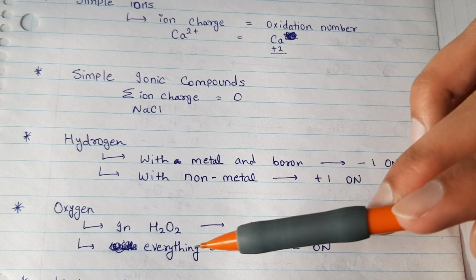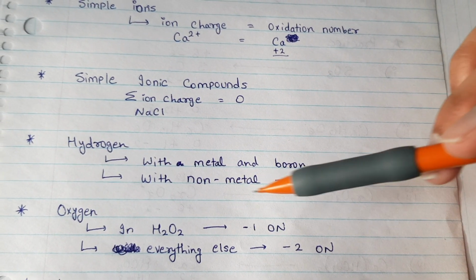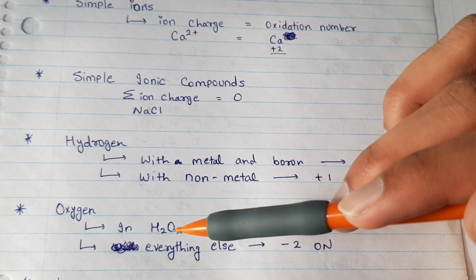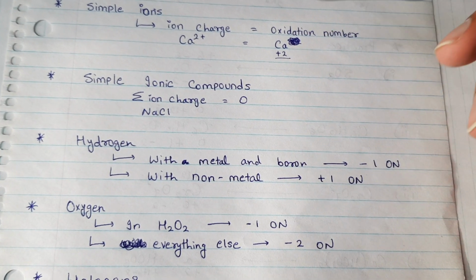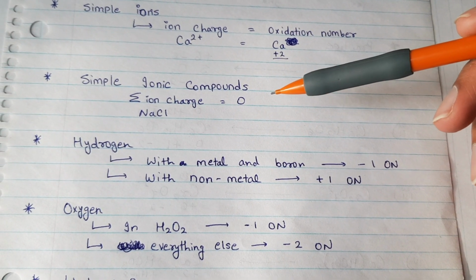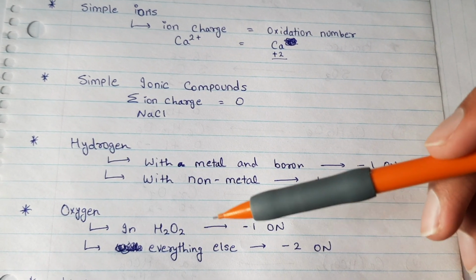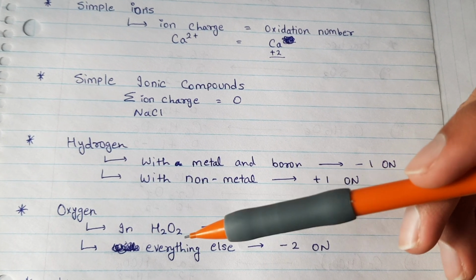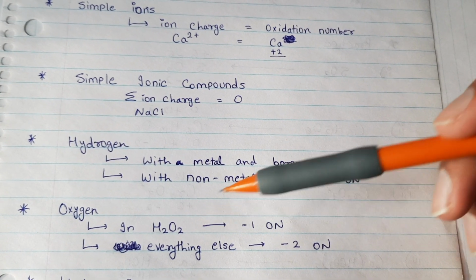Hydrogen here is with oxygen, which is a nonmetal, so hydrogen would be +1. As there are two hydrogens, it should be +1 times 2, which is +2. As per the simple ionic compound rule, the charge of H2O2 should be 0 because it's a neutral compound. So it would be +2, -2, and then there are two oxygens, so -2 divided by 2, which is -1.